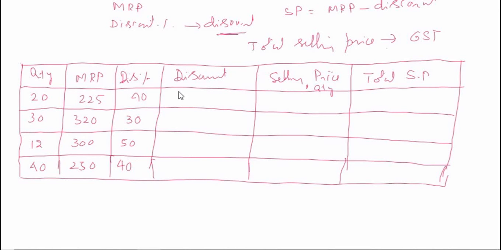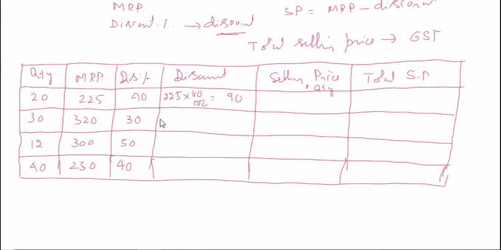The percentage is given. So what is discount? It is MRP, that is 225 into 40 by 100. You can also make it as 0.4 into 225. So this comes to 90.